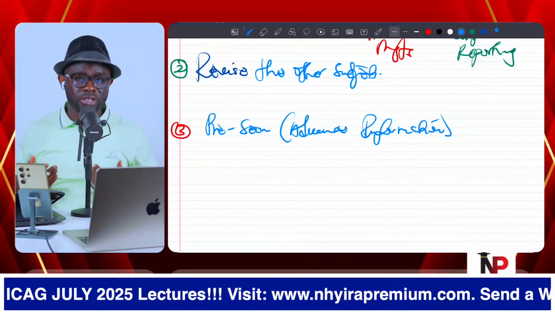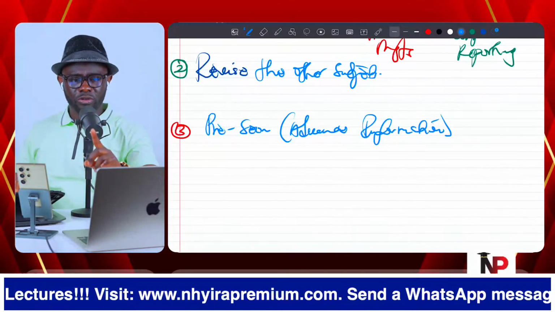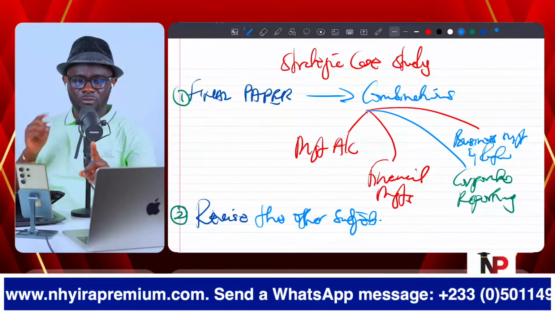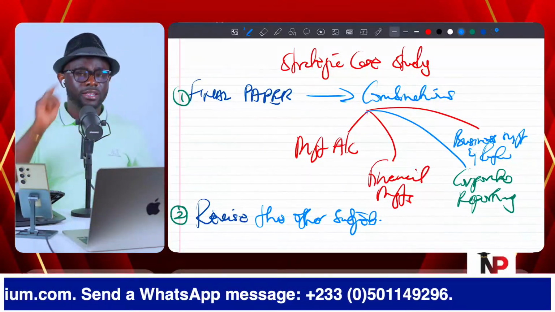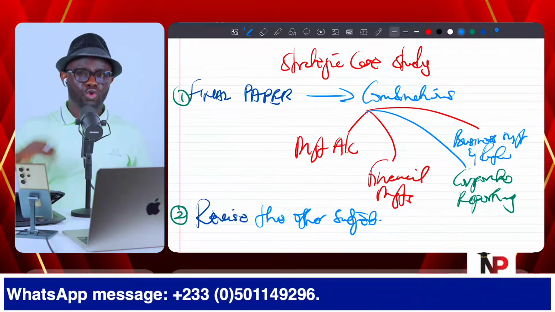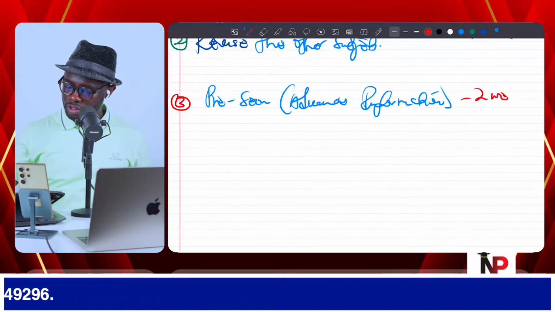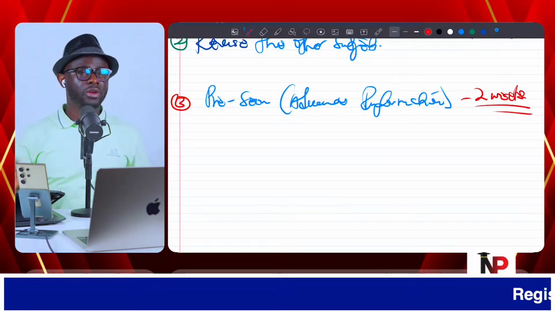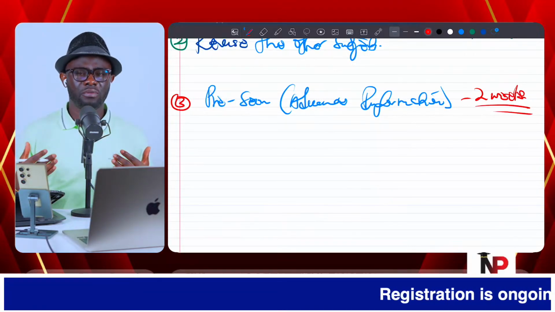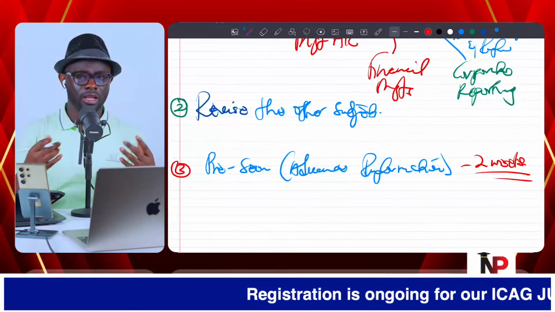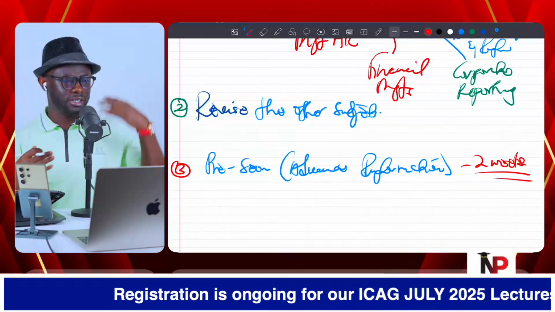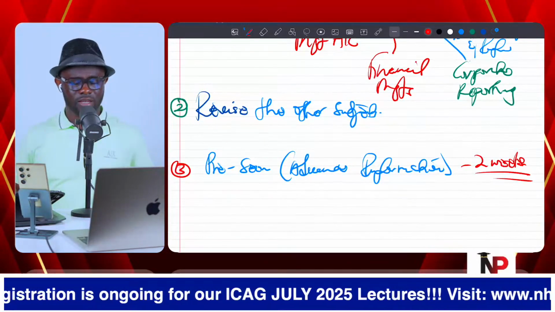It's called a pre-scene. What many people do, and the reason why a lot of people fail the examination, is they wait. Two weeks to the exam, the pre-scene is going to be released. This is 2 weeks to the main exam. And the purpose of the pre-scene is to help you to have an understanding of the industry, the entity, and the various issues that you must understand.